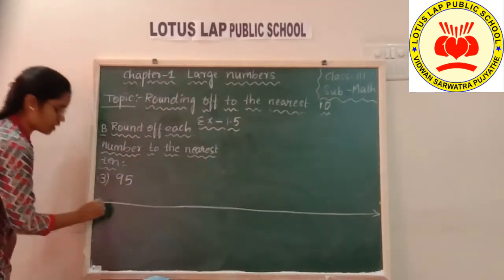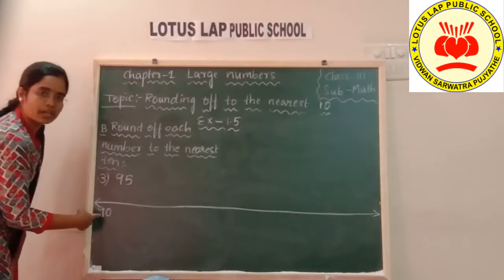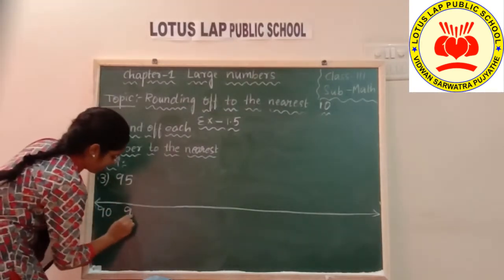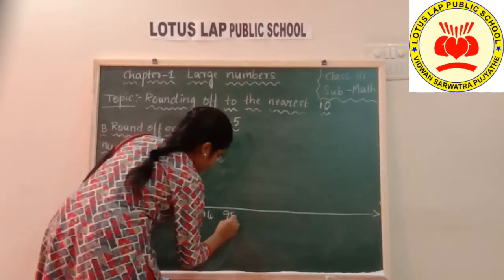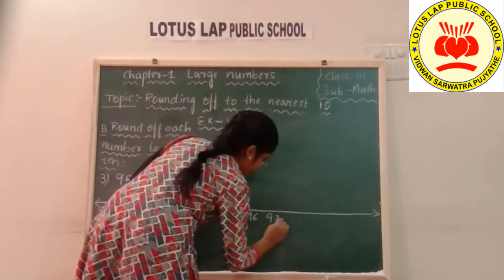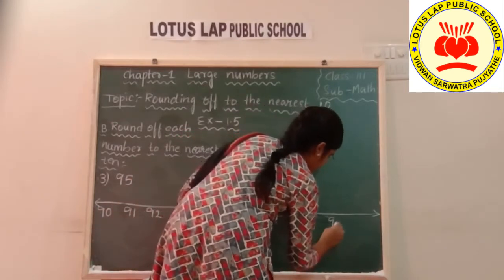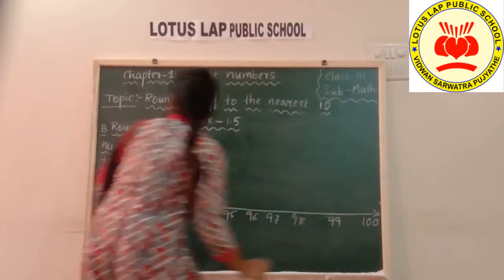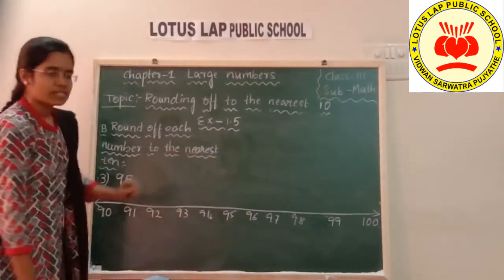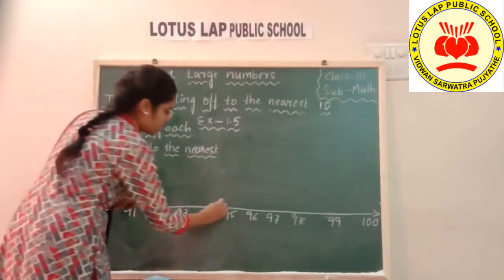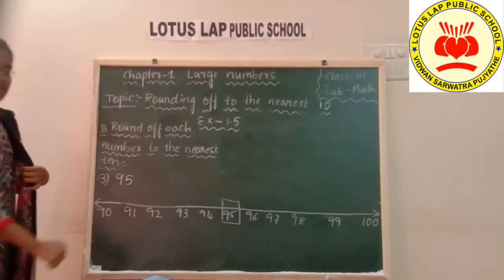As it is 95, we need to start writing the numbers from 90, starting from 90 till 100. Now directly, what is the reference value here? Yes, 95 is going to be the reference value. It is the exact middle value, children.